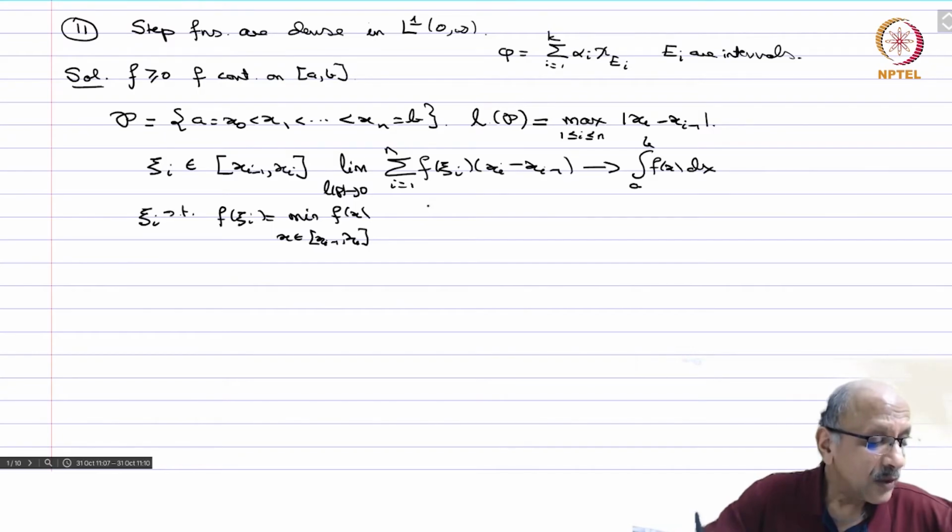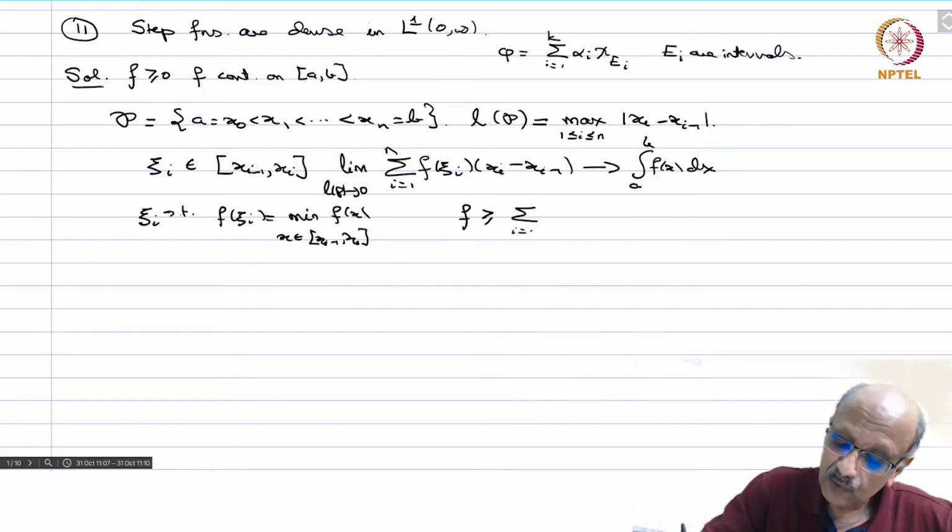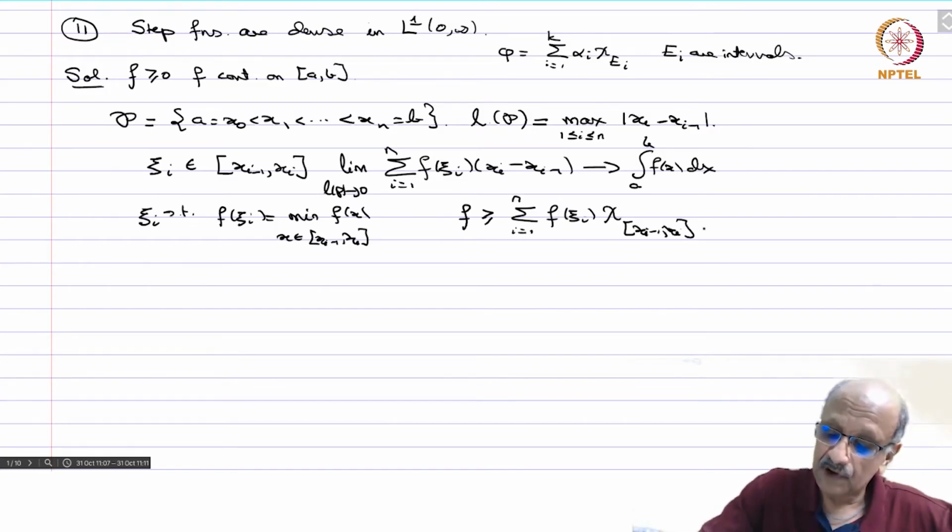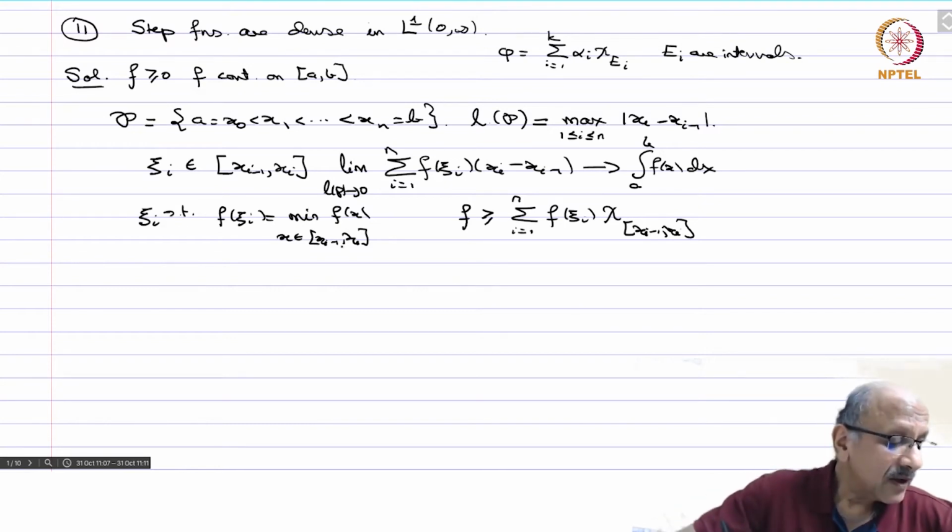So then you have that f is greater than or equal to sigma i equals 1 to n of f(xi_i) chi of [x_{i-1}, x_i]. So this is a step function.